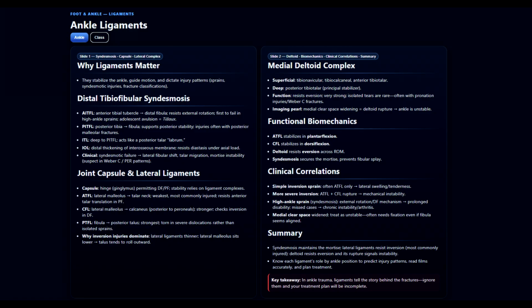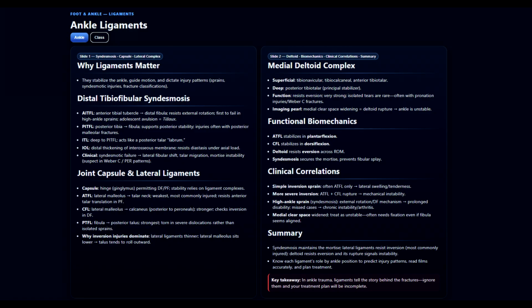On the lateral side, 3 ligaments resist excessive inversion and anterior translation of the talus. The anterior talofibular ligament runs from the lateral malleolus to the neck of the talus. It is the weakest and most commonly injured ligament in the ankle, especially during inversion sprains. The ATFL is the first line of defense against anterior translation of the talus, and it is the number one injured ligament in sports.